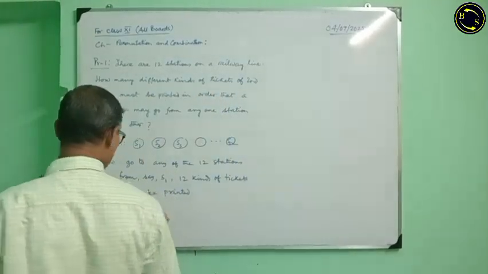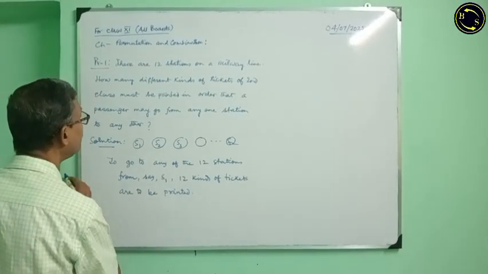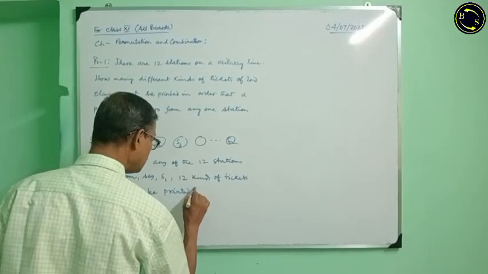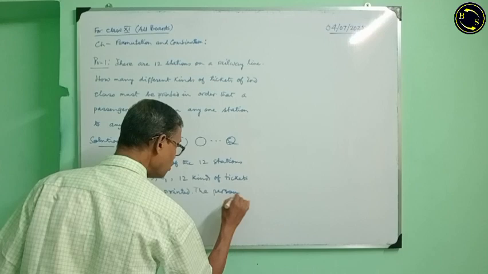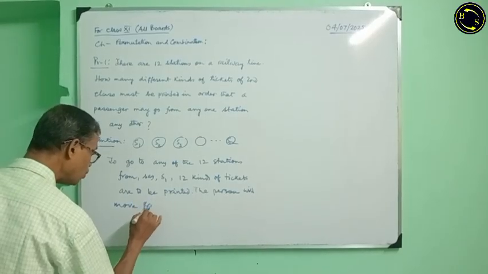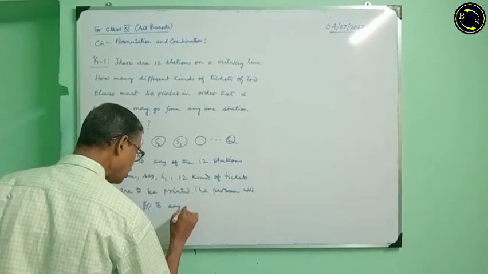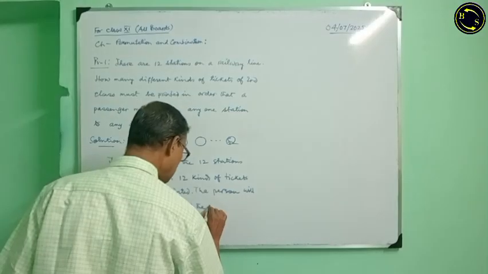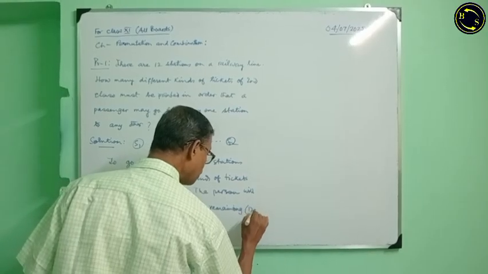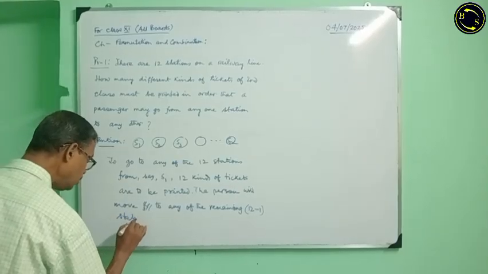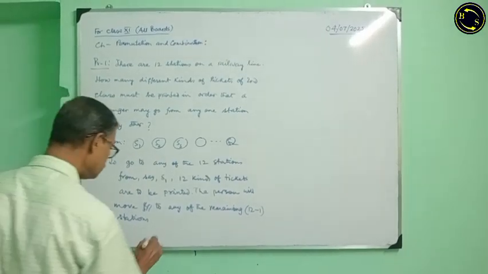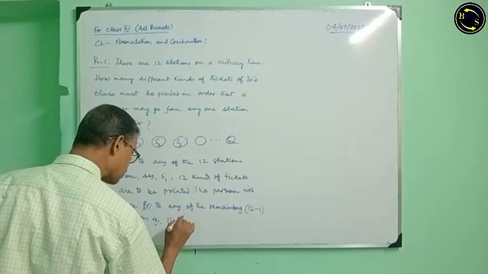That means the person will move to any of the remaining 12 minus 1 stations, that is 11 stations.